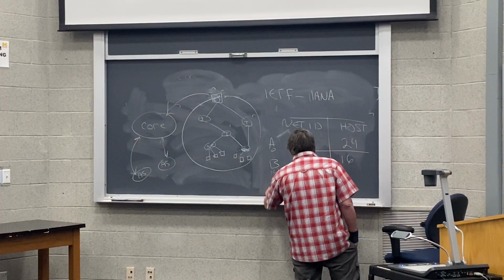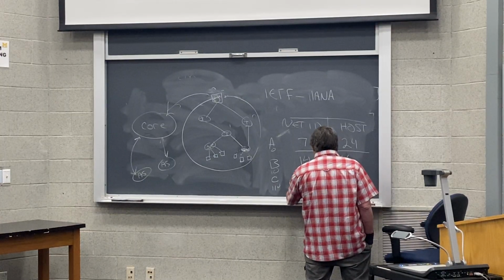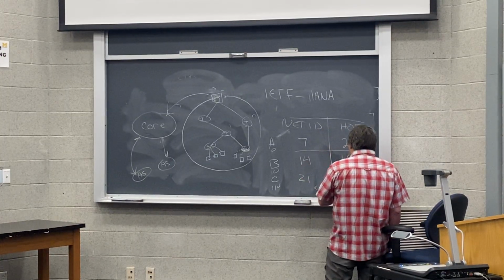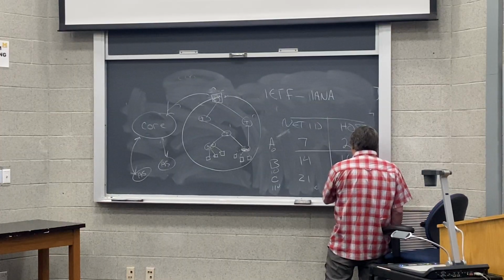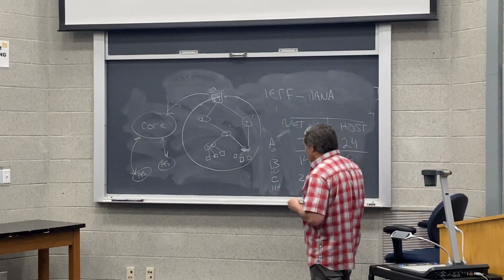If you're Class C, it's prefaced by 1, 1, 0, and you have a 21-bit network identifier and an 8-bit host identifier. Does that add up? Yeah, that adds up.